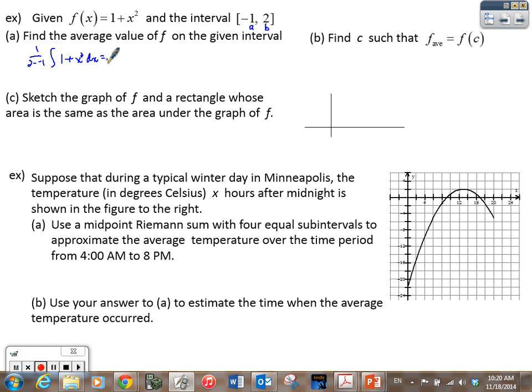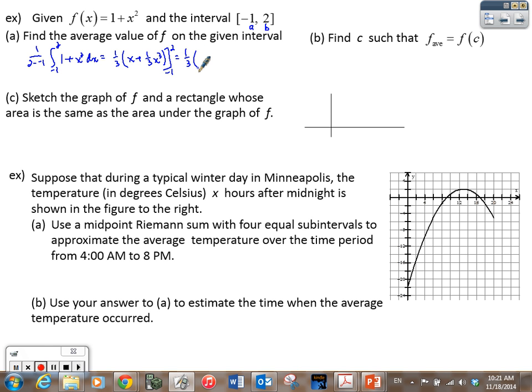All right, so we're from -1 to 2. Let's take our antiderivative. So that's going to be 1/3 times, that's from my first part of my formula, x plus 1/3 x cubed, evaluated from -1 to 2.